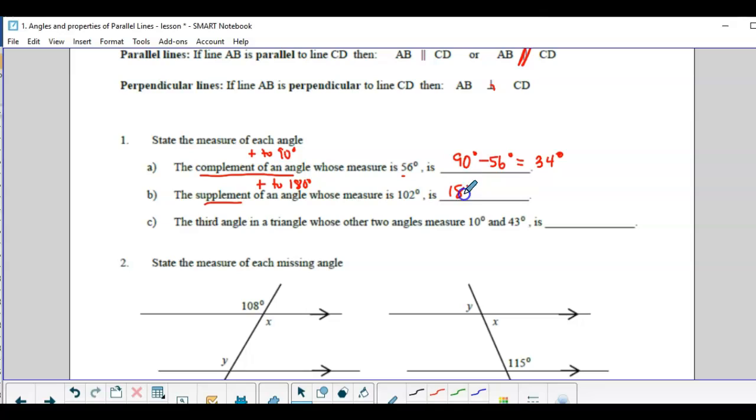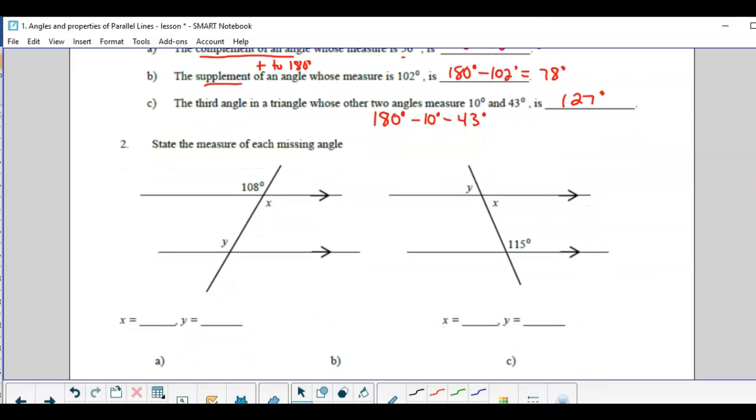So 180 minus 102 equals 78. And then the third angle in a triangle, whose other two angles measure 10 and 43, well, 180 minus 10 minus 43. So that's 170 minus 43, so 127.